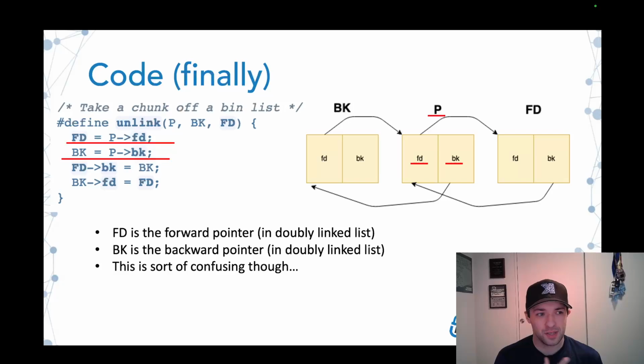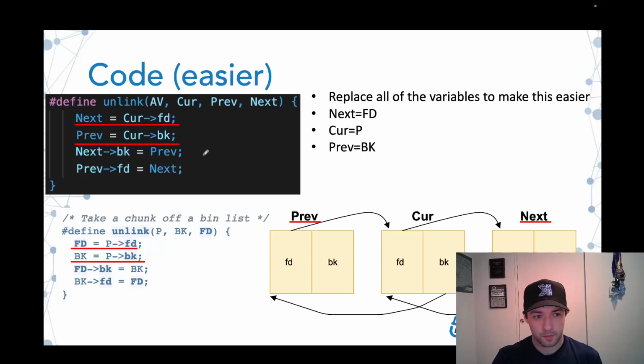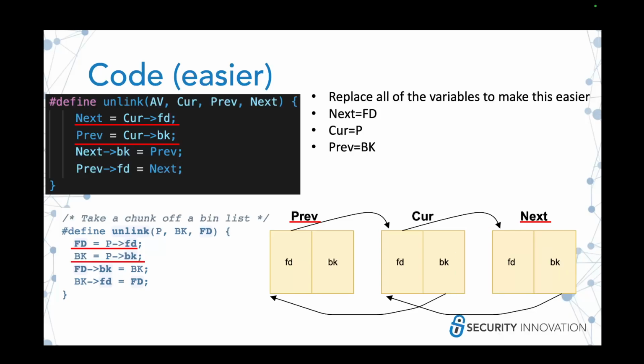So instead of using the actual macro notation, we're going to use something a little bit nicer. Instead, I'm going to use next and prev for this, and I think this makes it a lot easier to read. Now we're going to walk through code-wise, step by step, what I just showed you visually for this technique.